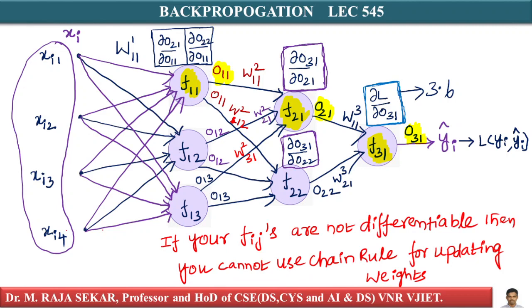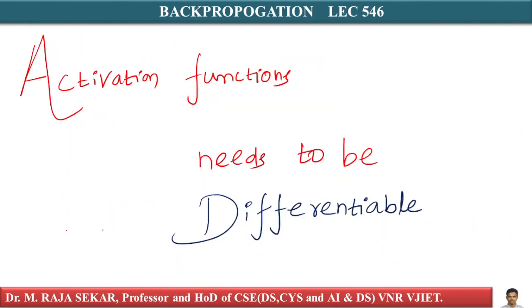If your Fij's are not differentiable, then you cannot use chain rule for updating the weights. So the most important thing in designing the backpropagation algorithm is that activation functions need to be differentiable. Otherwise, the whole idea of backpropagation and training neural networks goes to the dustbin.